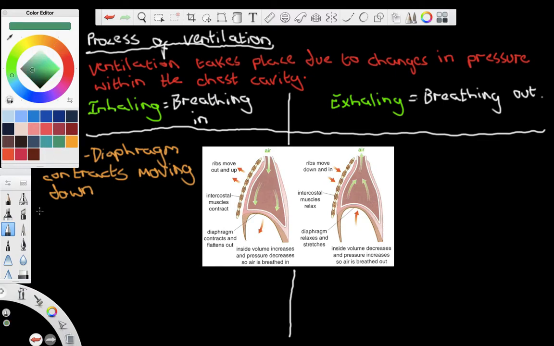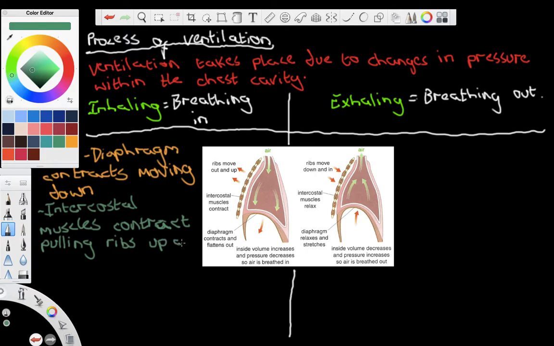So we can say intercostal muscles contract, pulling the ribs up and out.